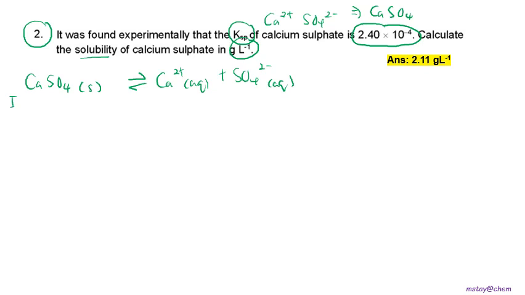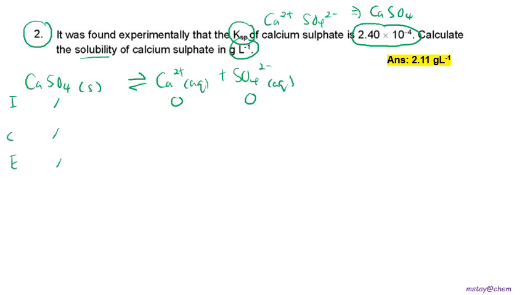So then we need to have an ICE table. So we have no idea what is the initial concentration for the calcium sulfate because they are in the solid form. So we can ignore the calcium sulfate column. Then initially there is no Ca2 plus and no SO4 2 negative in the solution.